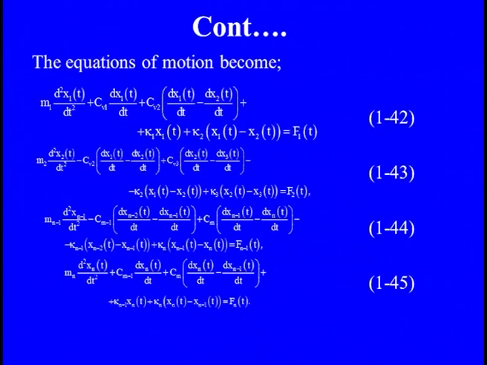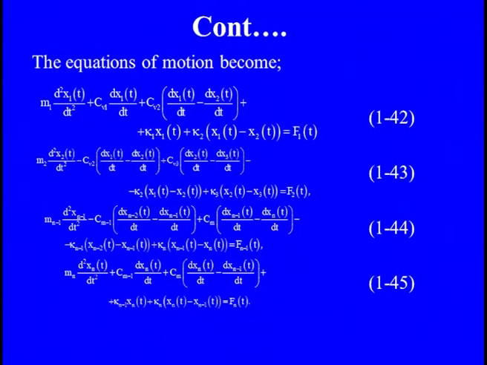This is my damping force: on the left hand side we have dxn over dt, and on the right hand side we have Cn, with the differences of dxn by dt minus dxn minus 1 by dt. And similarly the stiffness variation, like for Kn, where the displacement differences are there, and the individual displacement is coming together.